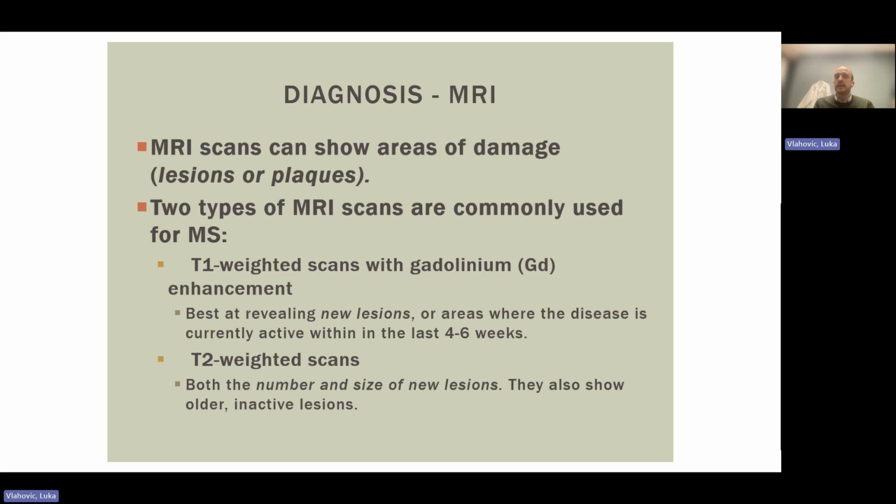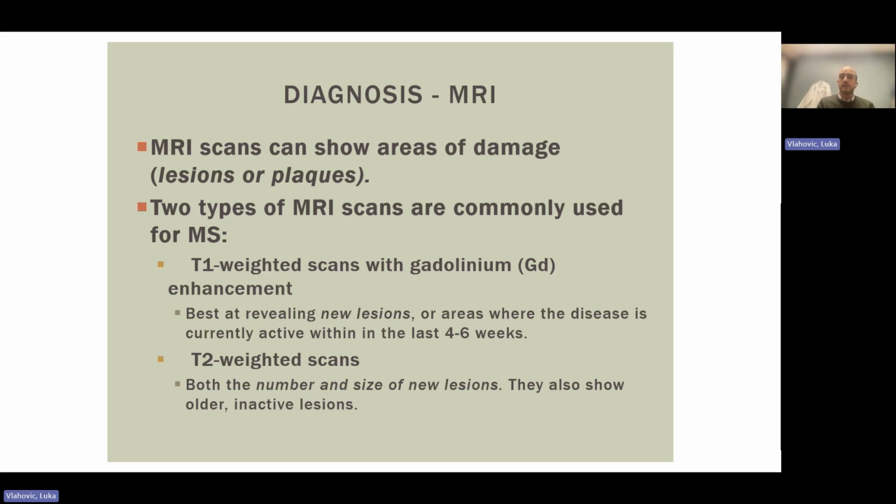In case of acute inflammation, the blood-brain barrier will be disrupted, and then gadolinium contrast that's administered intravenously will leak into the brain tissue. So these areas will be lightened, and we can see them as bright areas on MRI, specifically on this sequence. It is expected that this type of enhancement on MRI will resolve within a few weeks, usually not more than 2 months.